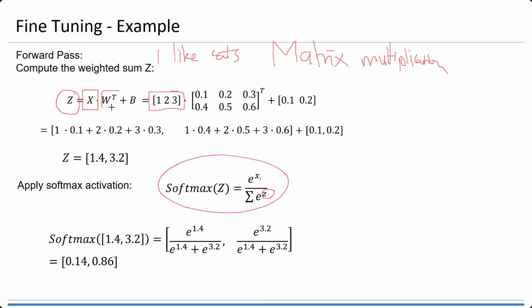And then we multiply with the weight. The weight is from the pre-trained model that we have, and we usually use the transpose. It depends on how we determine the weight, but most probably we will do the transpose of the weight, and then we will do the addition with the bias.